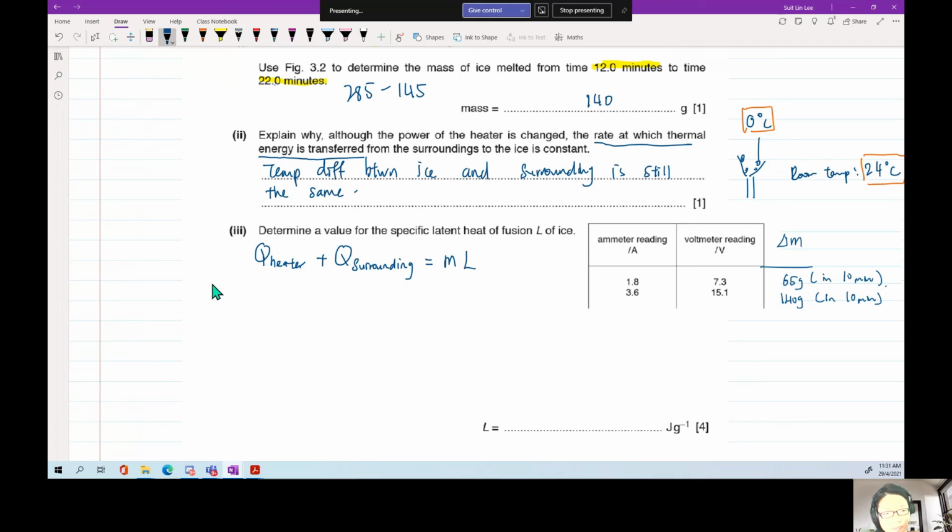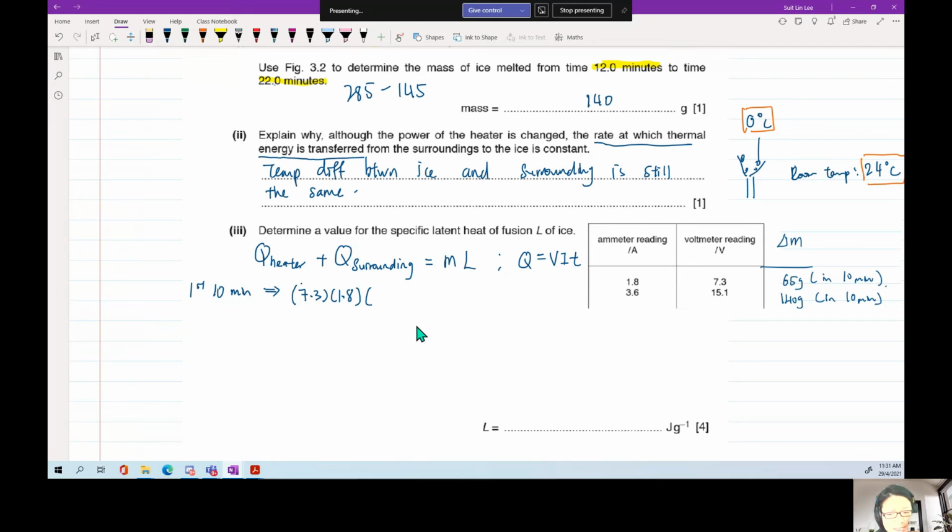Okay, so for the first reading, the first 10 minutes, the heater energy would be VIT. In case you need it, Q is equal to VIT. So for the first 10 minutes, the heat from the heater will be 7.3 voltmeter reading, times 1.8 ammeter reading, times T, 10 minutes.